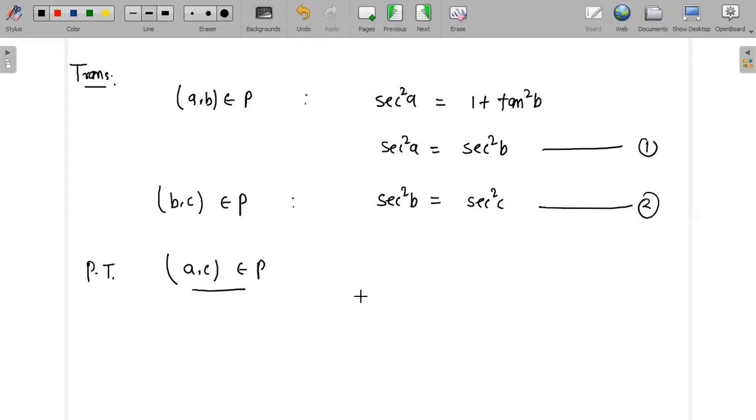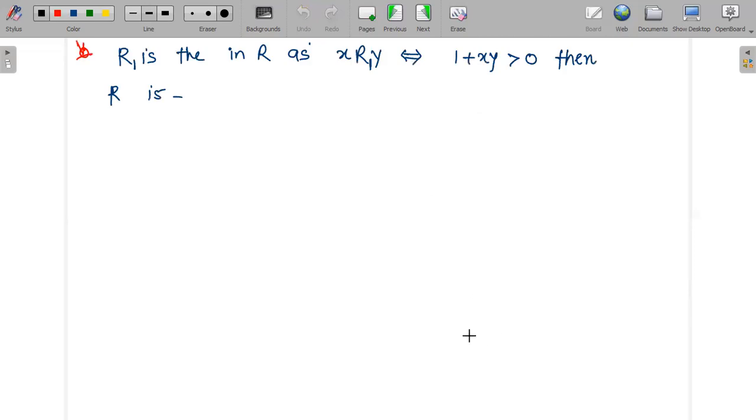If it doesn't, then the relation will not be transitive. That means you need to prove secant square a is equal to secant square c. Now from relation number 1 and 2, it is clearly visible that secant square a equals secant square b equals secant square c. Hence proved, this is the relation we are looking for. So your relation is said to be transitive. Let me take another one quickly.